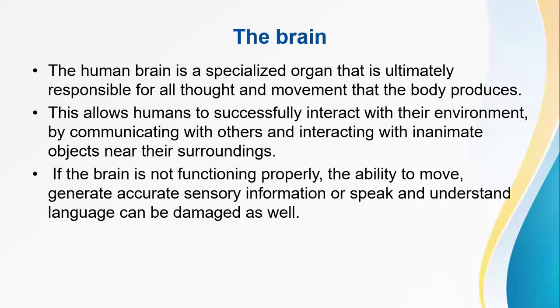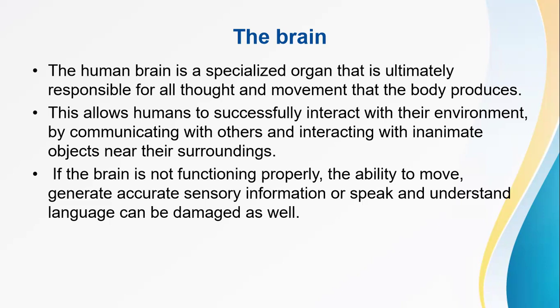If the brain is not functioning properly, the ability to move, generate accurate sensory information, or speak and understand language can be damaged as well. So the brain has to be in full efficiency to ensure that the body carries out all its functions properly.